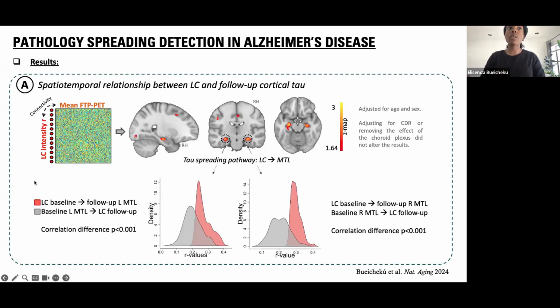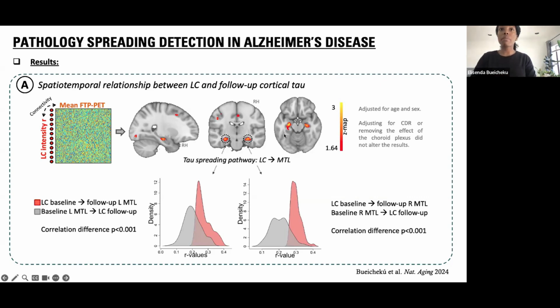So we measured LC integrity at baseline, and we related LC integrity to tau years later. In this case, it was 3 years later, and we observed that tau was increasing in the areas of the brain that are normally related to the first appearance of tau in the brain at the cortical level.